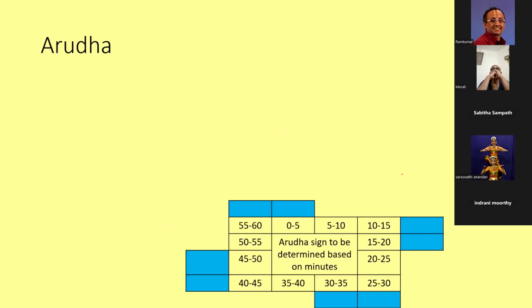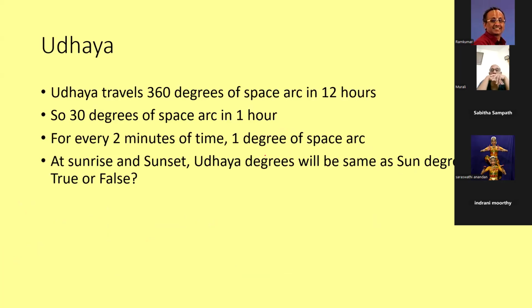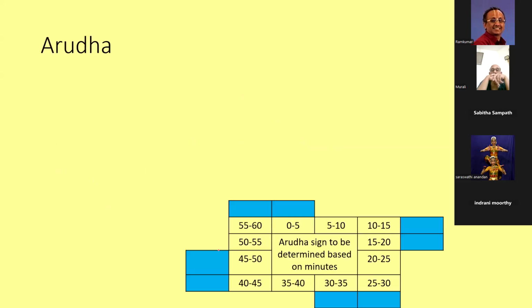Okay. Next, we will move to Aarudham. Aarudham is the simplest of all calculations. For every 5 minutes, it will jump one sign. So that's why I was saying, if a client comes to you, you can easily figure out what is going to happen, right? If the client asks the question between 0 to 5 minutes, Aarudham will come in Mesha.